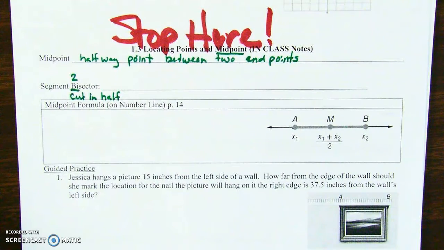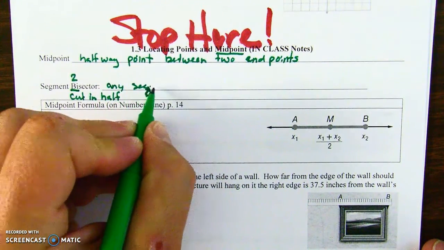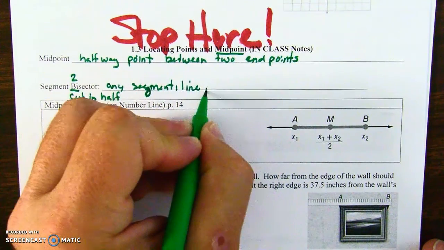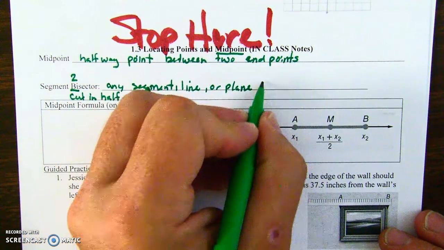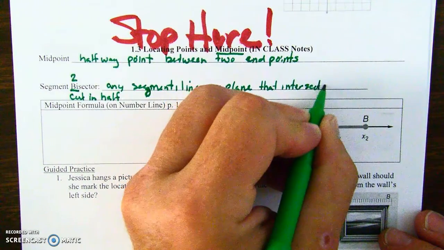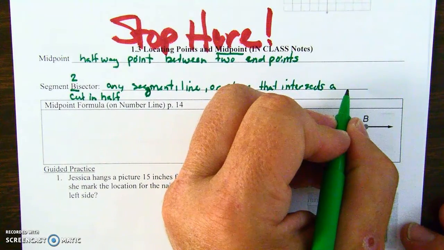Let me see what the book says here. It says segment bisector: any segment, line, or plane that intersects a segment at its midpoint is called a segment bisector.